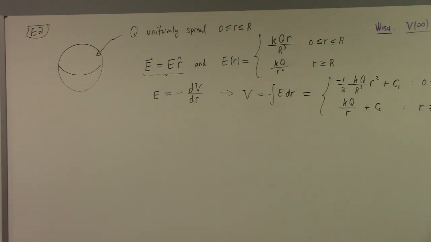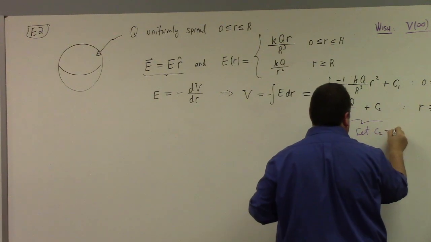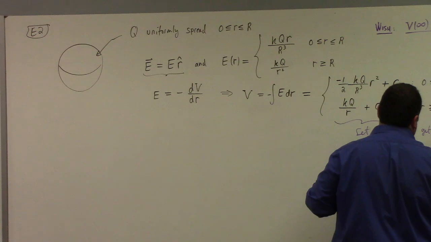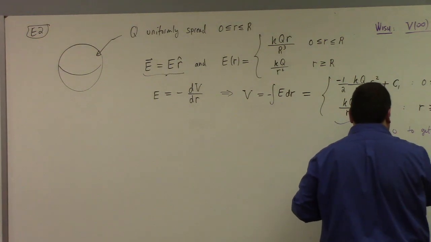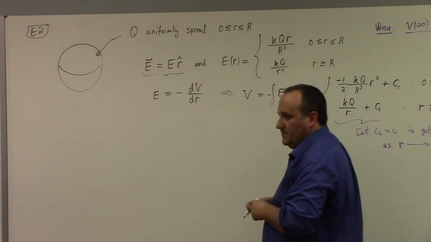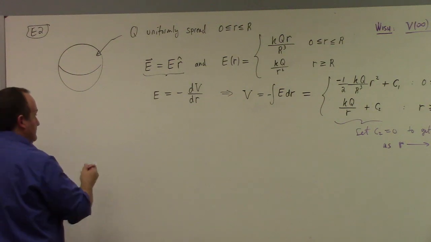So what should I make C2 equal to? 0. Right, so set C2 equal to 0 to get V equals 0 as r goes to infinity. Hooray. Then what? Continuity.